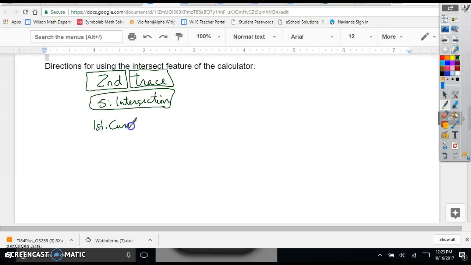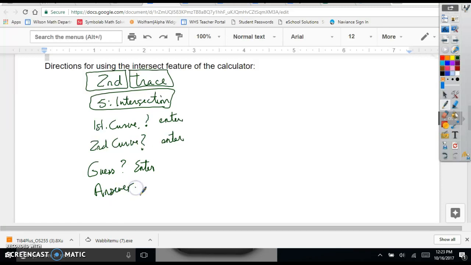As long as you only have two curves in y equals, you can just hit enter when it asks you for these things. You don't even have to pick them. They will jump from one to the other. If you have to toggle, you'll have to hit up and down until you get the right one highlighted. The guess, nobody ever has to guess. Just hit enter at that point, and then you'll have your answer. Okay? So that's the end of the front.